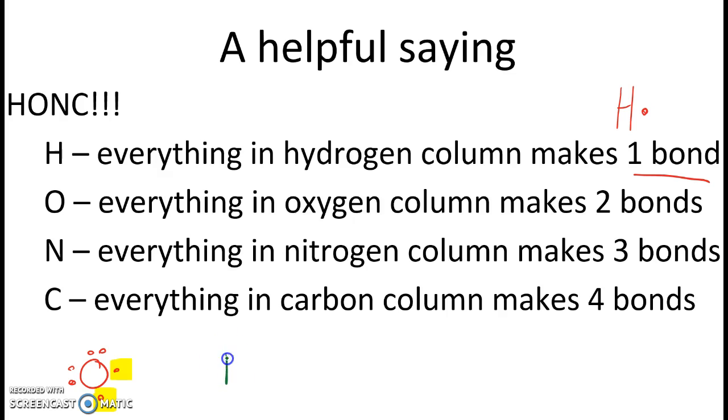Nitrogen, everything in the nitrogen column will make 3 bonds because nitrogen has 5 valence electrons, so we can see that there are 3 unpaired valence electrons. And then carbon, everything in the carbon column will make 4 bonds because carbon has 4 unpaired valence electrons.